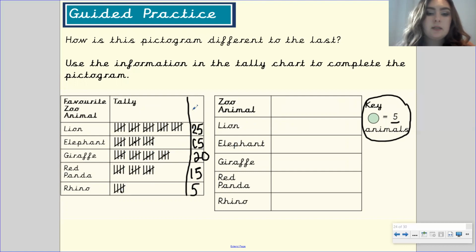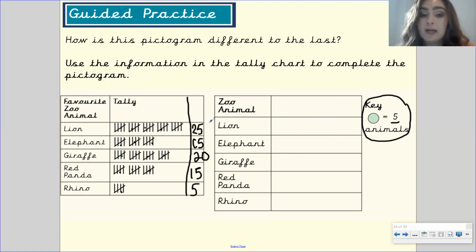Okay, now we need to convert these totals into our pictogram, but we know that for every one circle we draw, it means 5 animals. So what do you think we're going to do for the lion? Pause the video and have a think. Well done.